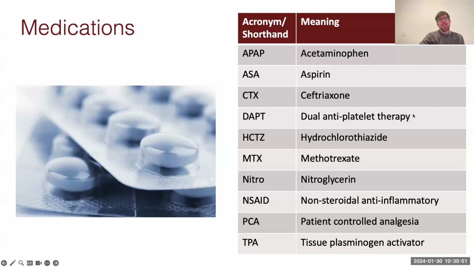This is a combination of blood thinners that's used after heart attacks. NSAIDs are non-steroidal anti-inflammatories. This is something that you'll certainly see quite a bit. So NSAIDs are things like ibuprofen or naproxen. And these are two sort of more specialized medications that are used to control pain or to treat stroke symptoms.